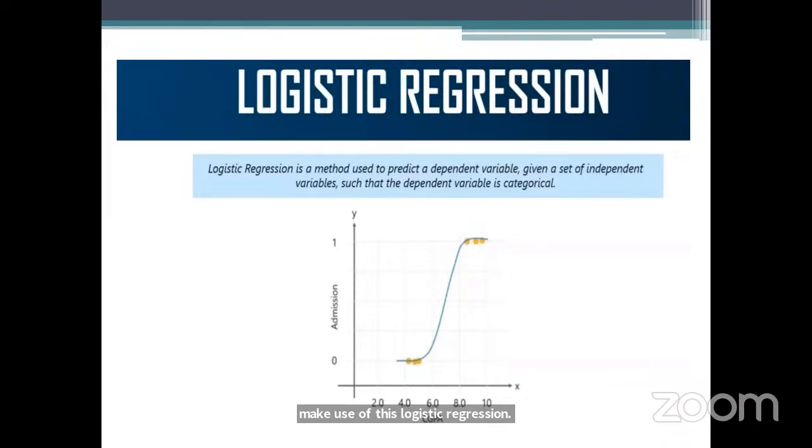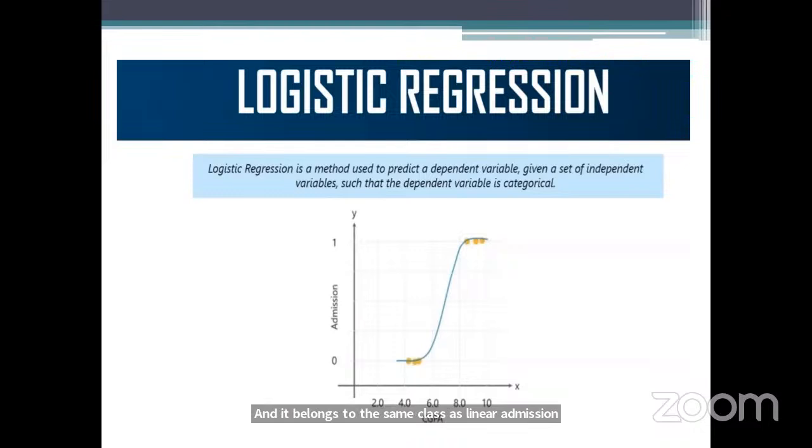So understand that linear regression is used to predict continuous quantities. Logistic regression is used to predict categorical quantities. Now, one of the major confusions everybody has is why it is called logistic regression if it is used for classification. The reason is that its primary technique is very similar to linear regression, and it belongs to the same class as linear regression.